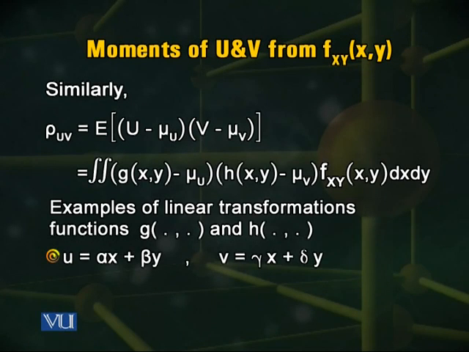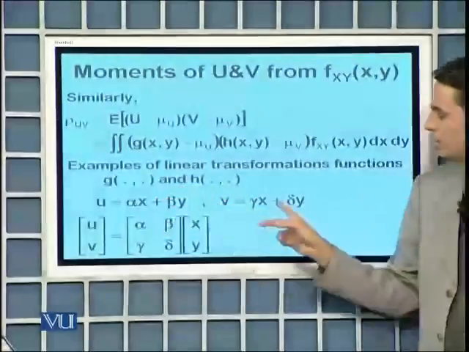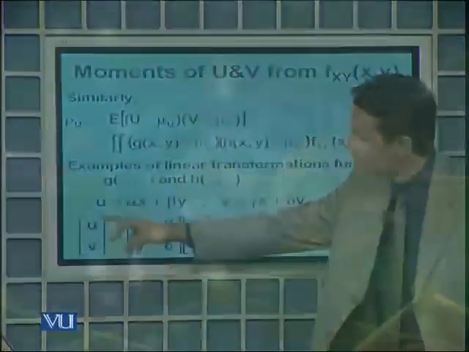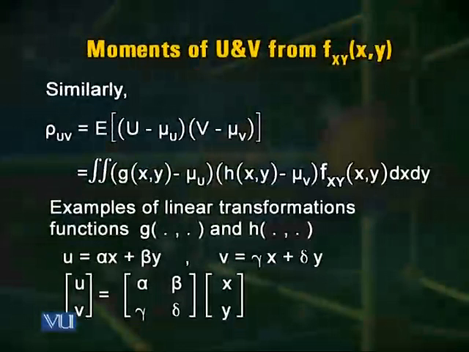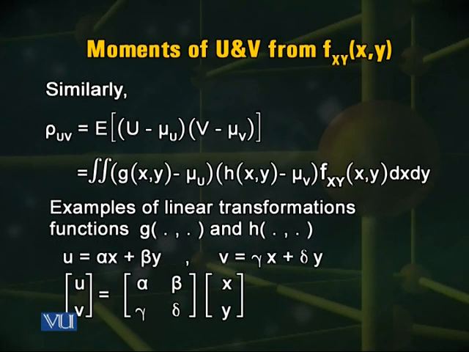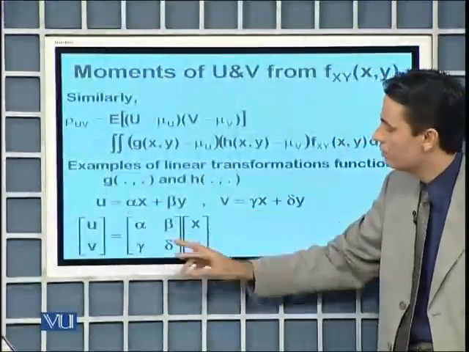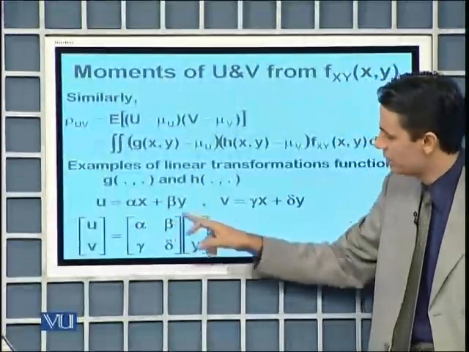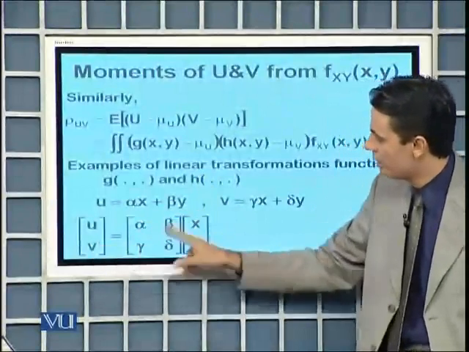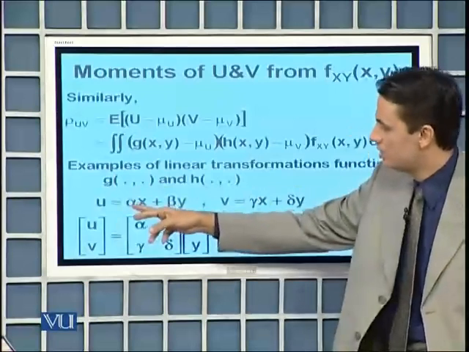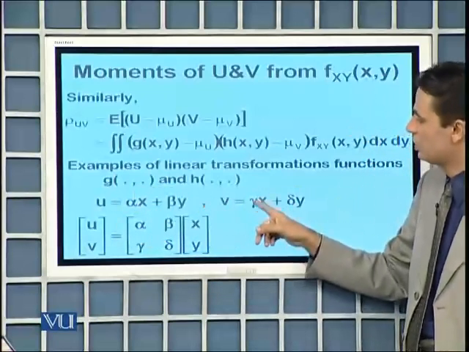Then these transformations are special, simple, called linear transformations, and they can be collectively written in matrix form, where this column vector uv is the result of transformation of this column vector xy through this 2 by 2 transforming matrix. So you can see u is equal to this row multiplied by this column. So u is equal to alpha times x plus beta times y, and v is gamma times x plus delta times y. So this pair of transformations, this is g, the linear version, this is h, the linear version.